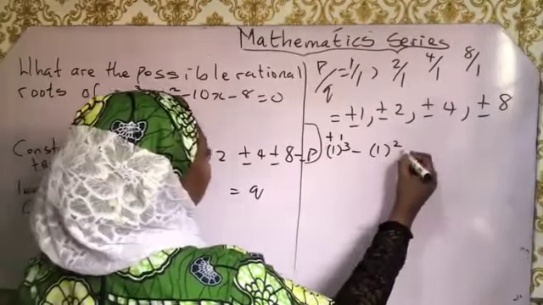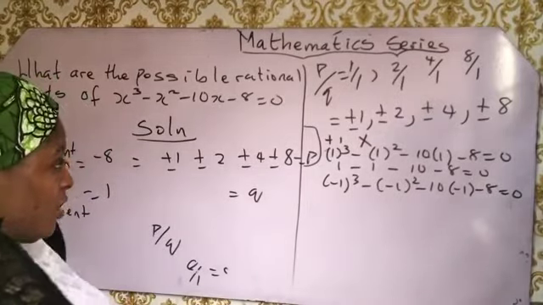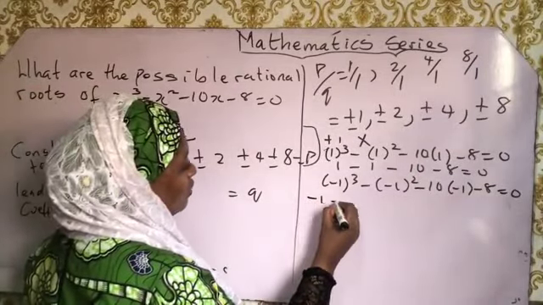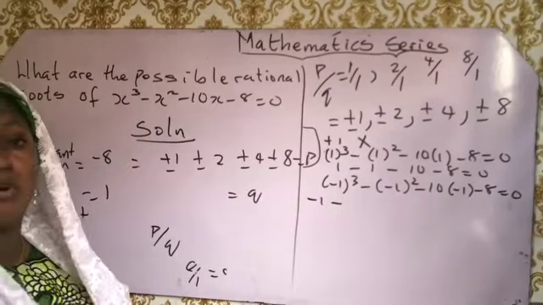So negative 1 cubed minus negative 1 squared minus 10 into bracket negative 1 minus 8 is equal to 0. So what is negative 1 cubed? That is negative 1 times negative 1, that is positive 1. And positive 1 times negative 1 will give you negative 1. So you have negative 1 minus negative 1 squared. Negative 1 times negative 1 will give you positive 1.